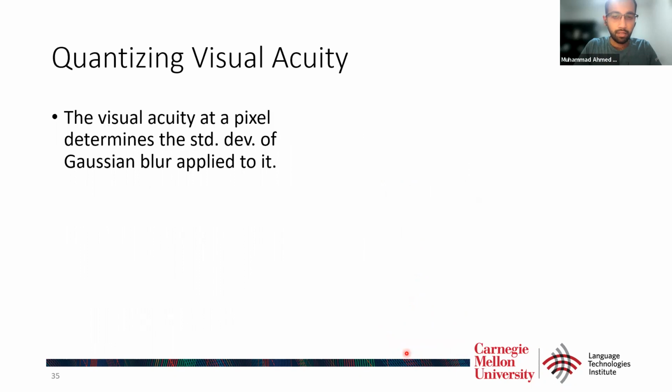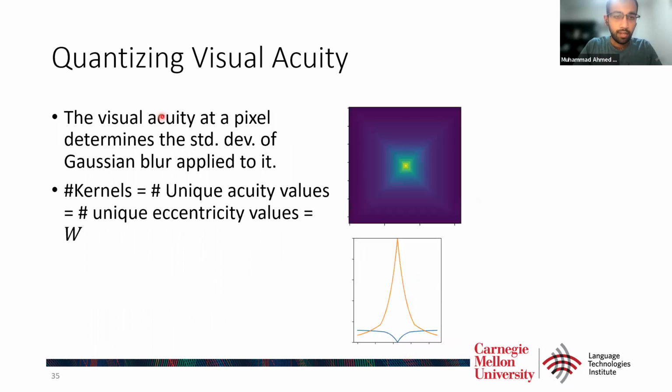Now, as you noticed, this is a continuous curve, and what that means is that each pixel will have a different visual acuity value. That means each pixel would have to be blurred with a different Gaussian kernel.